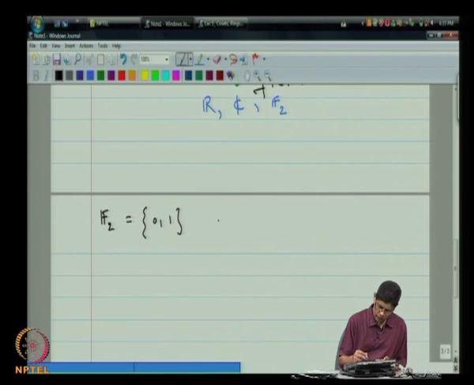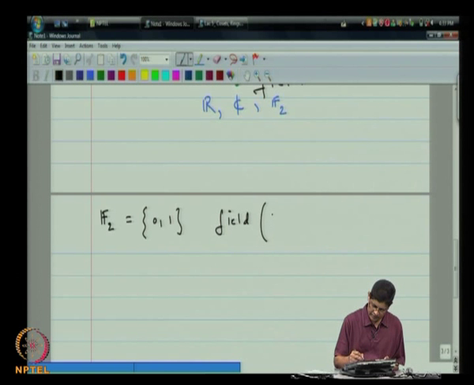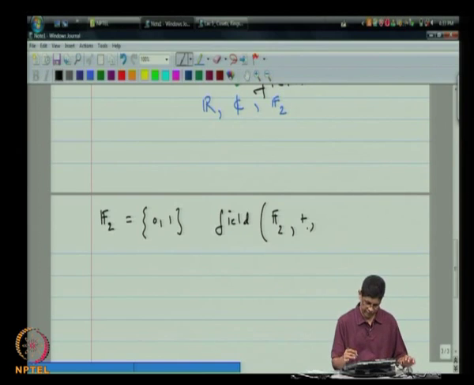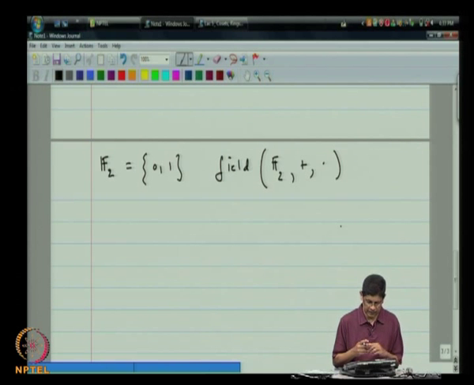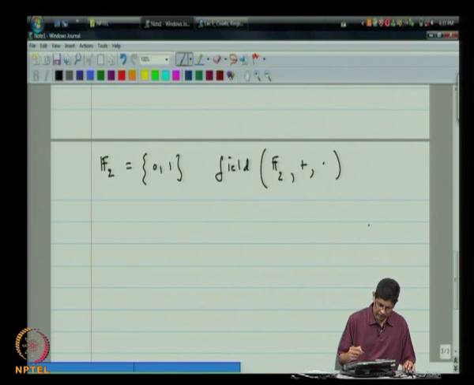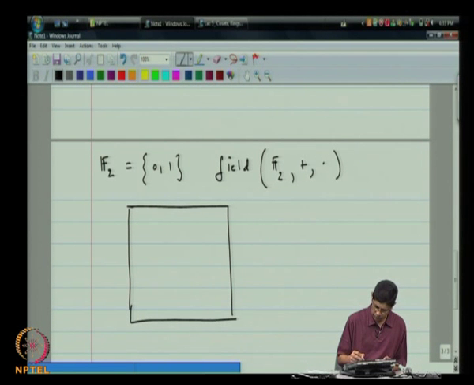It is also a field if you think of it as F2 with plus and multiplication, and we had written down some time back tables governing how addition and multiplication take place. And again just for the sake of clarity I am going to reproduce that here.